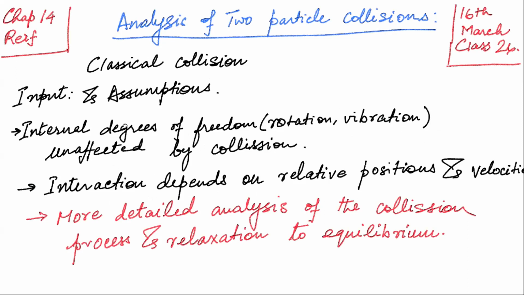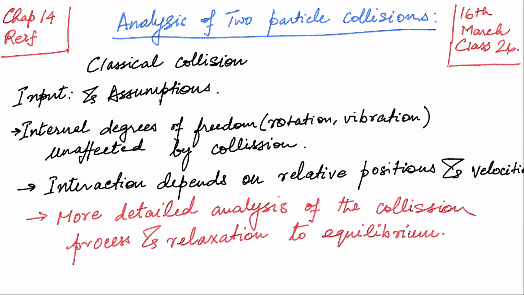Basically, this is from chapter 14 of Reif. We are going to consider classical collisions, but the scattering cross section you can also calculate quantum mechanically. We're going to assume that internal degrees of freedom, like rotation and vibration, are unaffected by the collision, so all that we are considering is two particles coming, exchanging momenta and energy and going away.